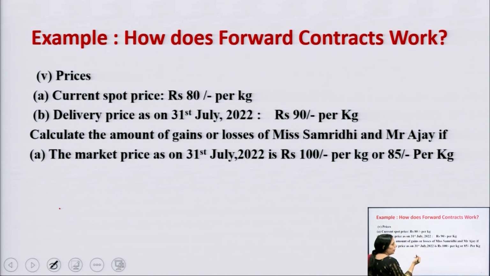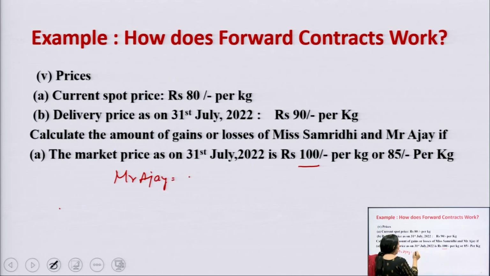In the next case, if the market price is 85, then what will happen? There are two situations: the buyer will get the benefit or the seller will get the benefit. In the first case, the market price is more than the delivery price, so the buyer will get the benefit, but in the second case, the seller will get the benefit. Now, Mr. Ajay will get the benefit.